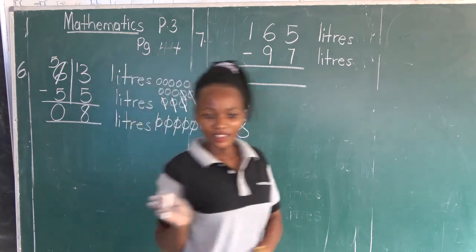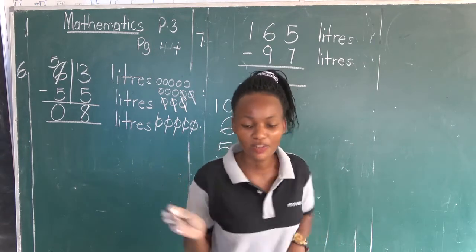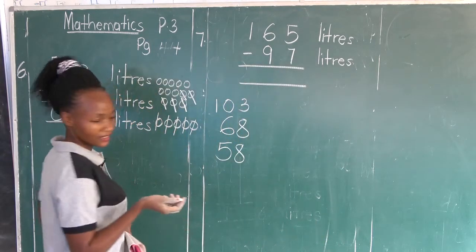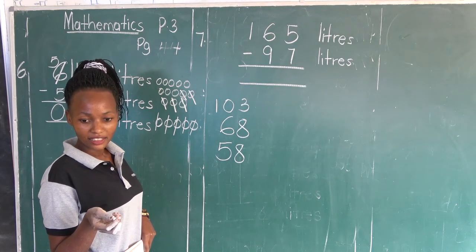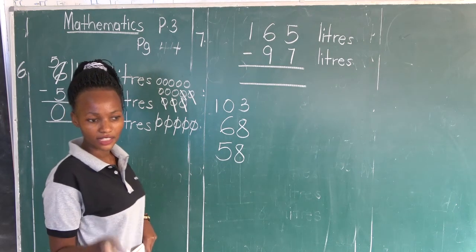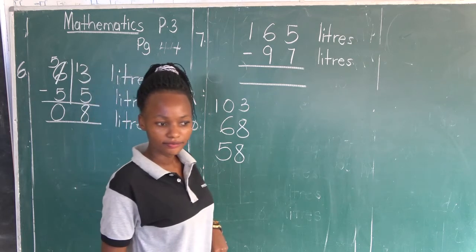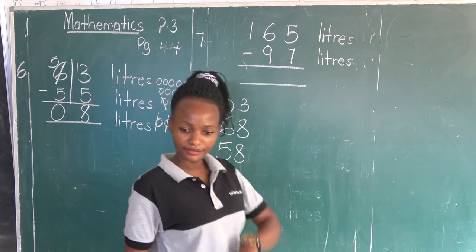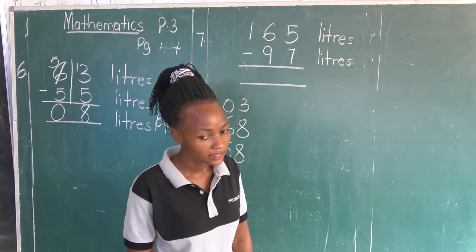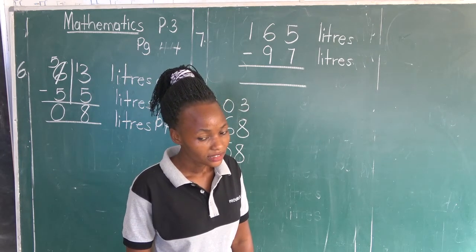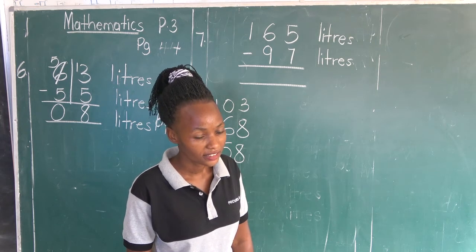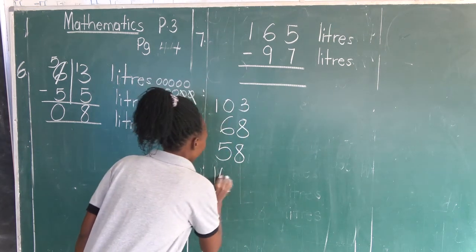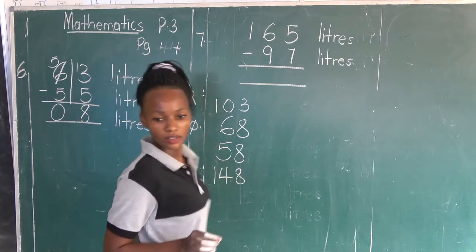Okay. Anybody, yes, Prishim, what have you got? Yes, Prishim? 148 liters. 148. Okay.